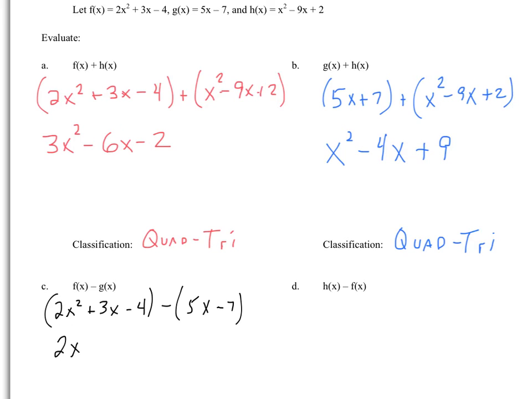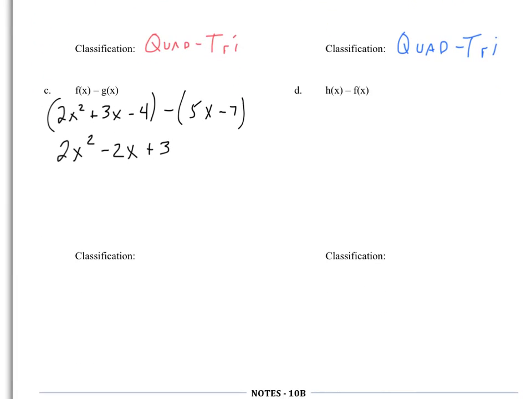So 2x squared, 3x minus a 5x is minus 2x, and negative 4 minus a negative 7 is positive 3. So classifying that, again, it's a quadratic trinomial.